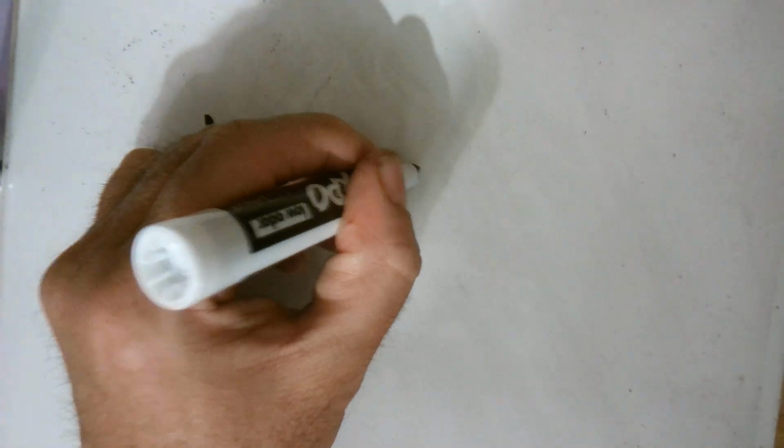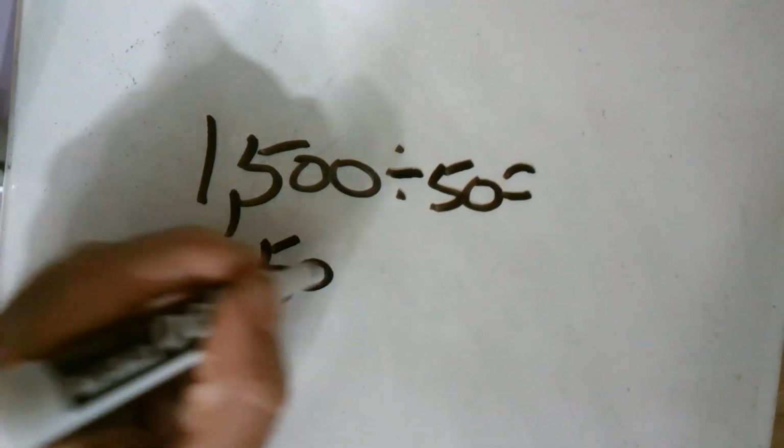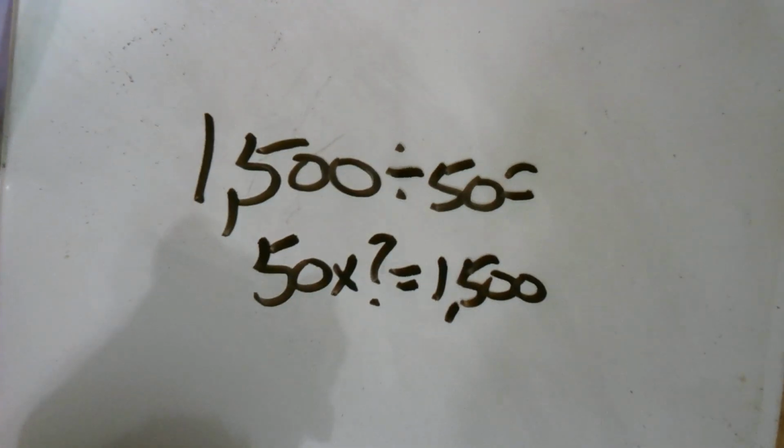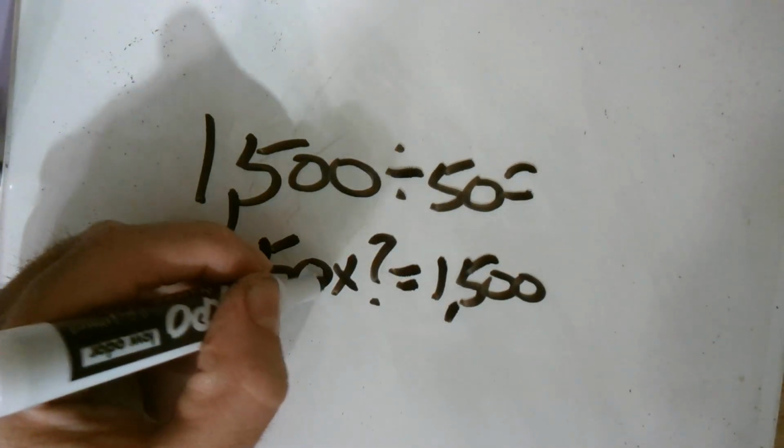All right, let's go with 1,500 divided by 50. What is it? Okay, so 50 times something is 1,500. Kind of take out my zeros.